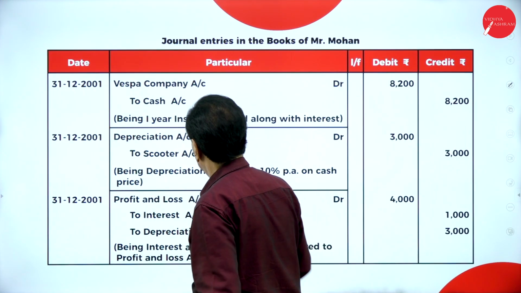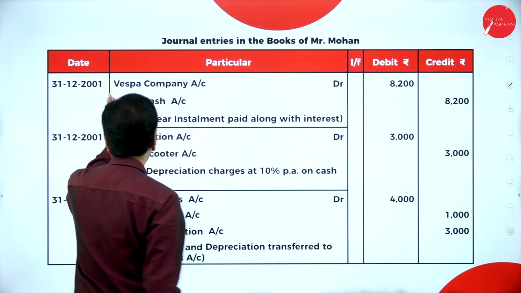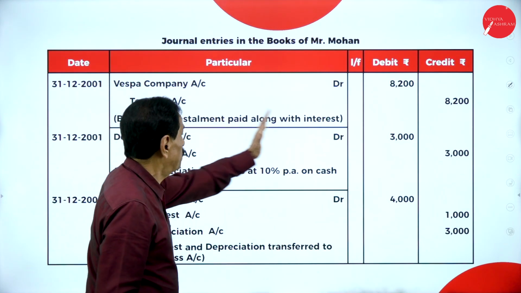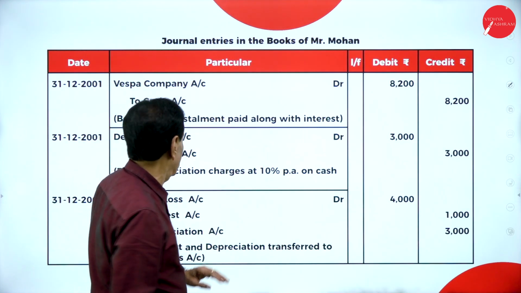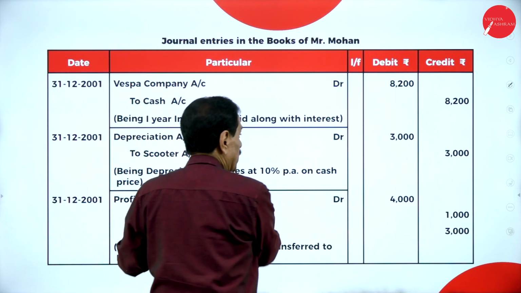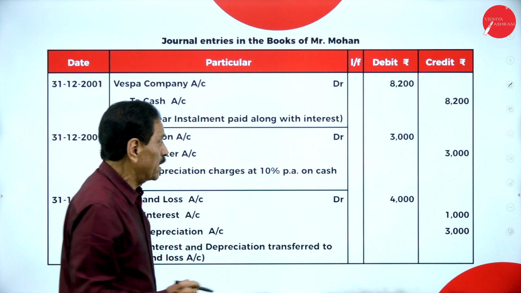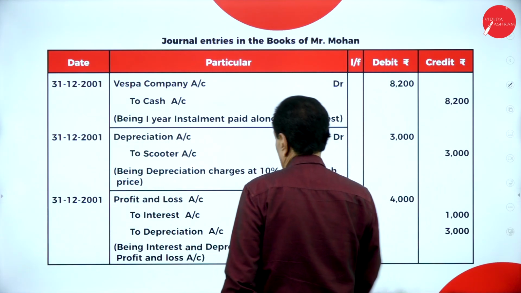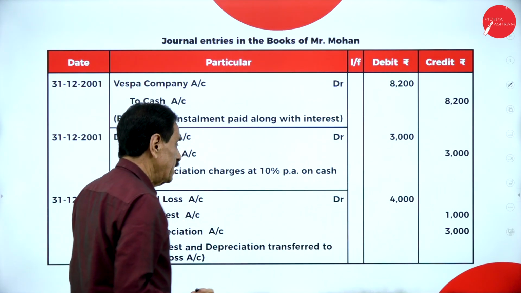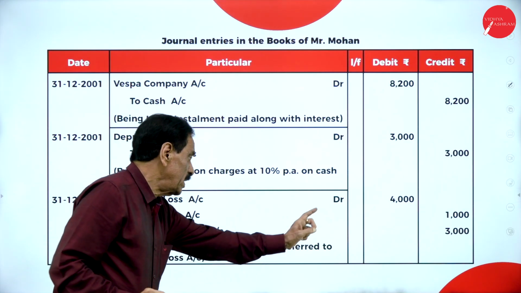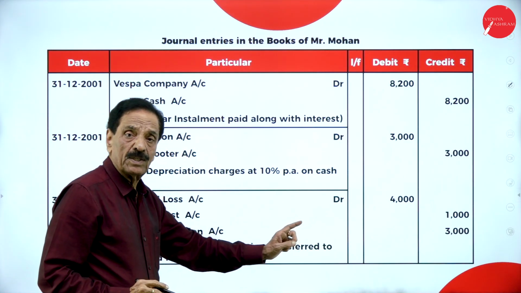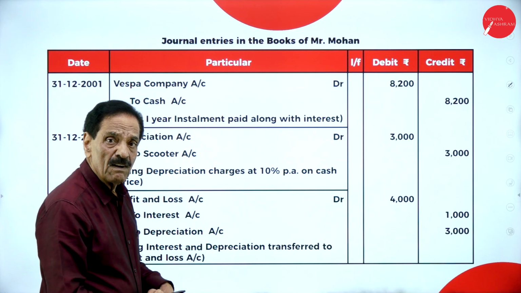1,000. Then he pays the first installment, 31st December 2001. Vespa company account debit to cash account. Then depreciation of that year, 10%. Depreciation account debit to scooter account, 3,000. Then transfer entry, profit and loss account debit to interest account, to depreciation account. This goes in favor of first year.